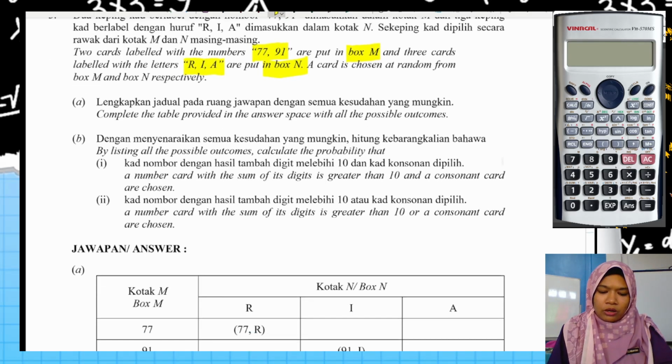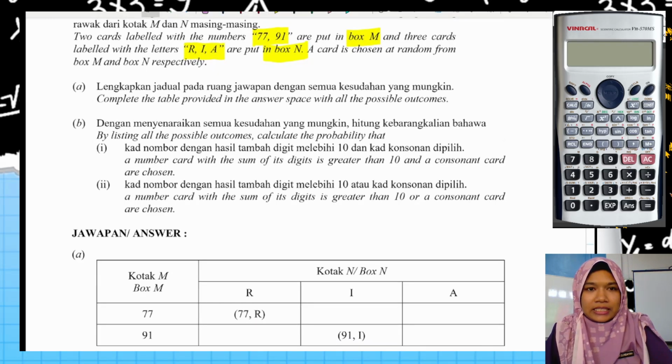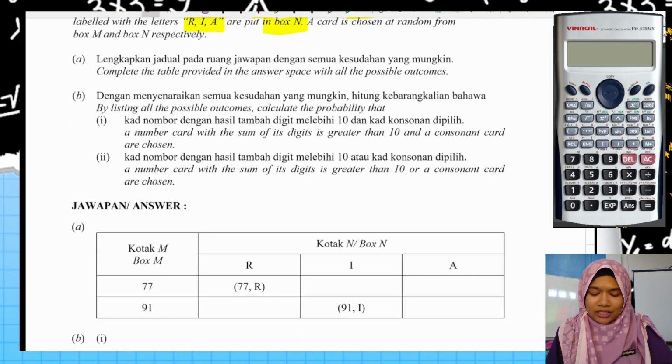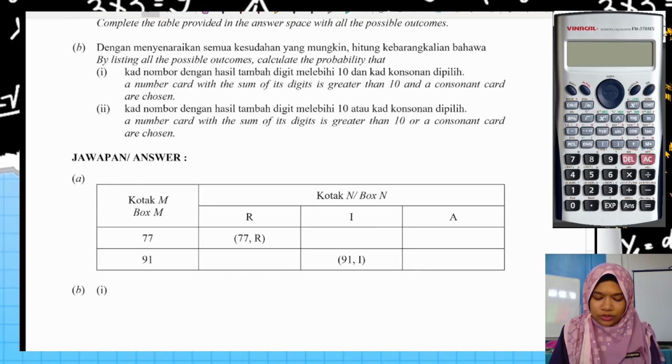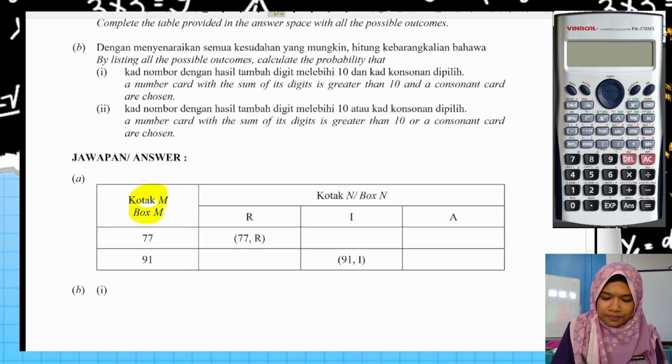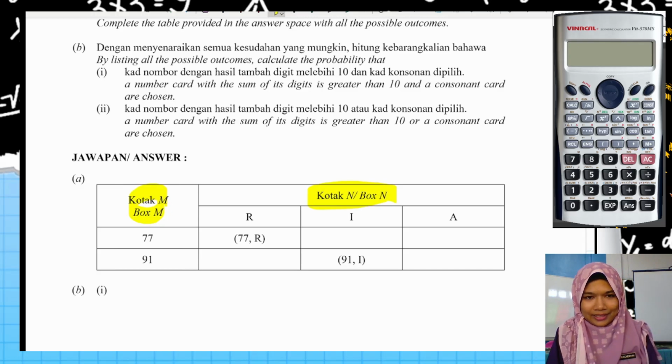Alright. Complete the table provided in the answer space with all the possible outcomes. Cuba tengok. Yang ni pun dia bagi contoh menggunakan table. Sebenarnya table ni lebih mudah awak nampak, and then you lebih mudah untuk you list all the possible outcomes for the combined events. So, here you have box M and box N. Box M, there are 2 cards, 77 and 91.